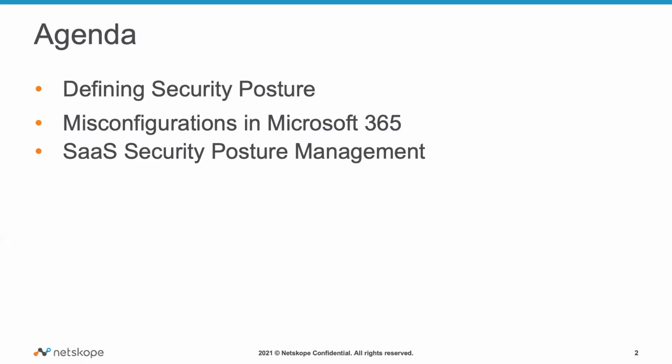And then we'll look at misconfigurations within Microsoft 365 specifically, highlighting some examples in Microsoft 365 alone, let alone the many SaaS apps that organizations might also use in addition to the Microsoft 365 ecosystem. And then finally, we'll look at some of the challenges, the benefits, and where it fits in your existing security tool set when we're talking around SaaS security posture management, or SSPM, if I fall into acronym mode.